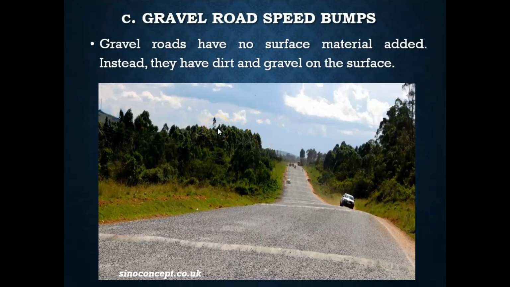So we move to the third type of speed bump, which is called the gravel road speed bump. The gravel road has no surface materials added, just like we can see in the picture here. Instead, it has dirt and gravel on the surface. Therefore, when a motorist, bicycle, or any other vehicle driver goes through this road at high speed, gravel and dirt will be dispelled and may cause trouble to passersby.